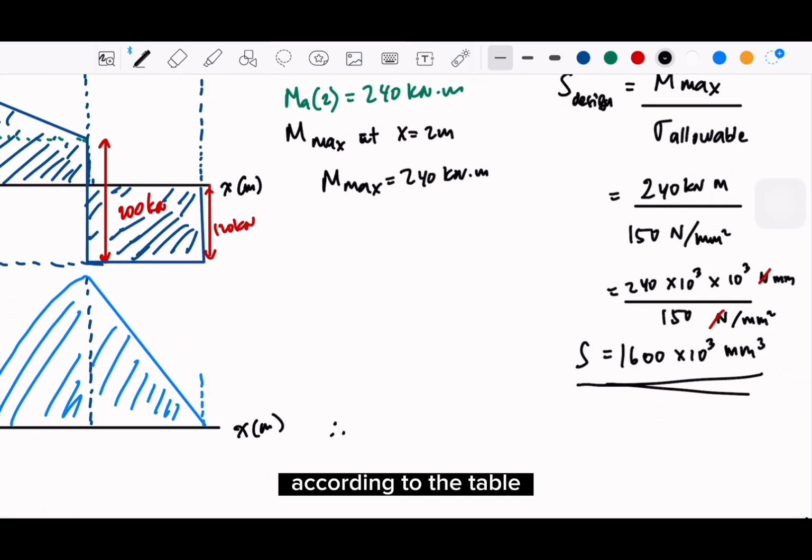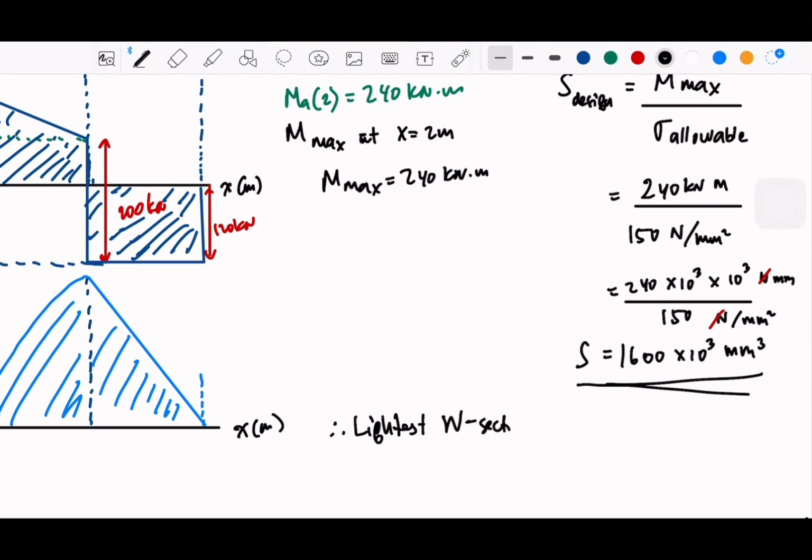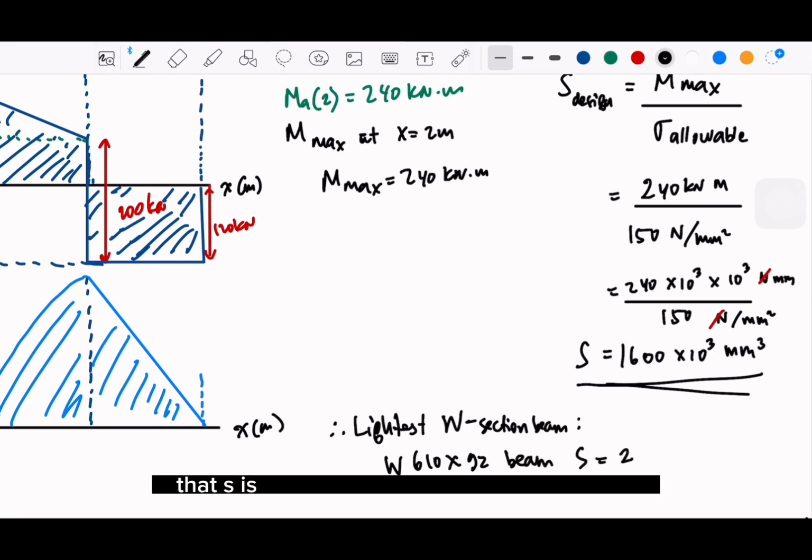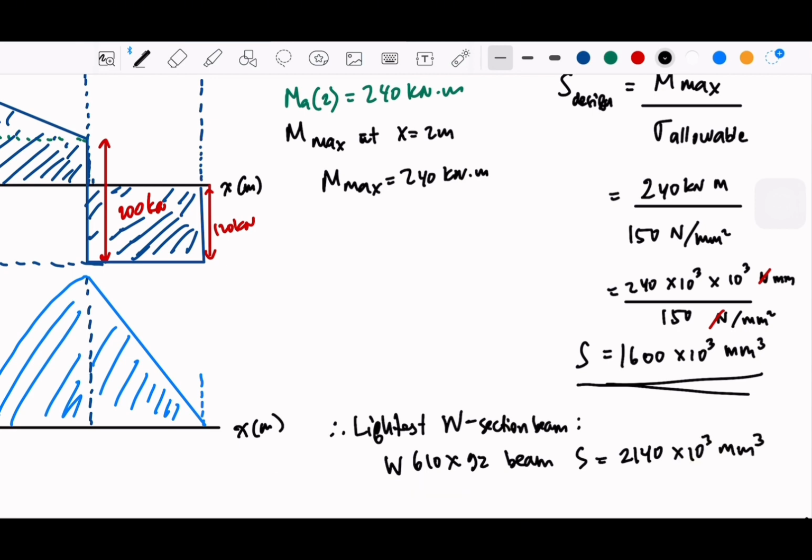So according to the table, the lightest W section beam for this design has an S of 2140 thousand millimeter cubed.